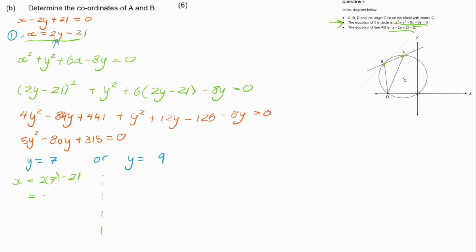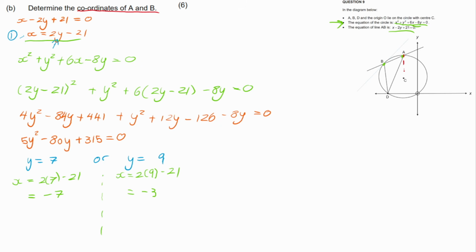And when we solve that, we get x is minus 7. And on this side, we're going to be getting x is equal to 2 times 9 minus 21. And when we solve for that, we're going to be getting minus 3. So we're not done here because we needed the coordinates of A and B. So we need to determine which one is which.